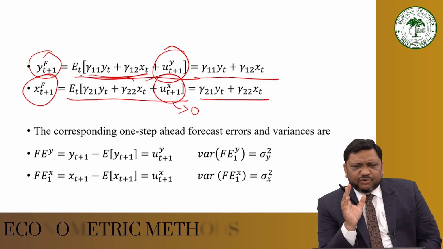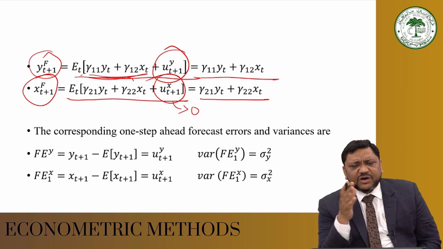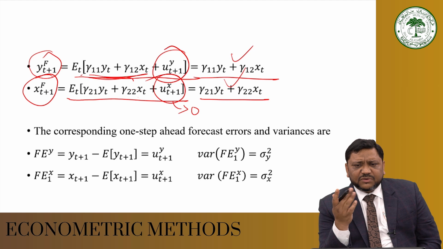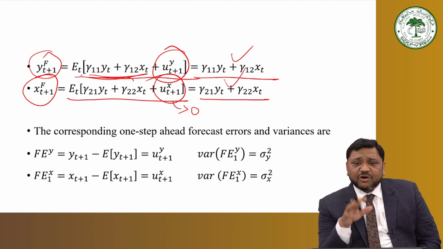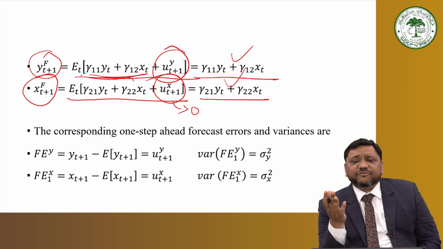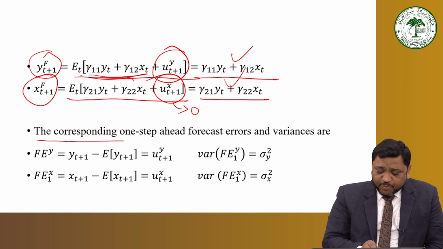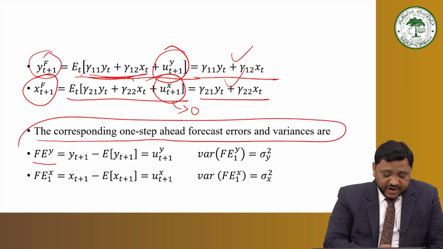Again, we need to emphasize that the best one step ahead forecast is what we have seen, and the error is unknown and its conditional expectation is 0. In the first period, all variation in the forecast error for y is due to its own shock. Likewise, 100% of the forecast error for x can be explained by its own shock. Now, for the corresponding one step ahead forecast and variance, how do you find the forecast?